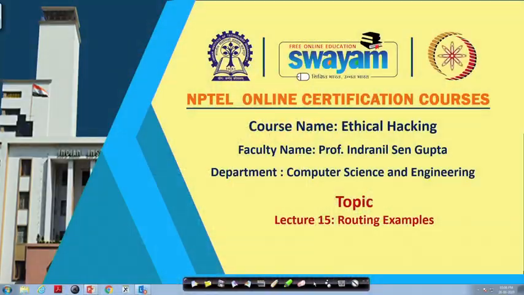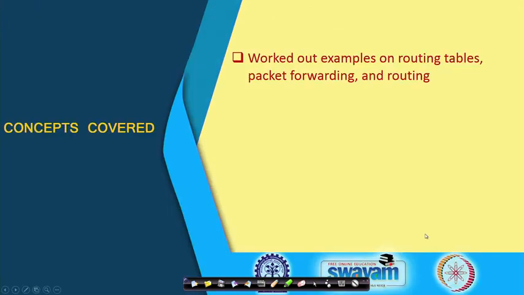So, the topic of today's lecture is routing examples. In this lecture we shall be working out some examples that involve the routing table, packet forwarding and, in general, routing of IP packets. So, let us get started.